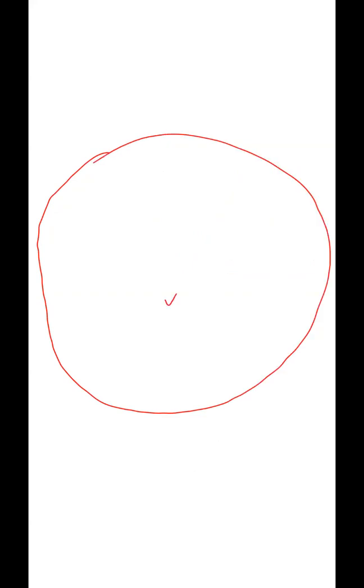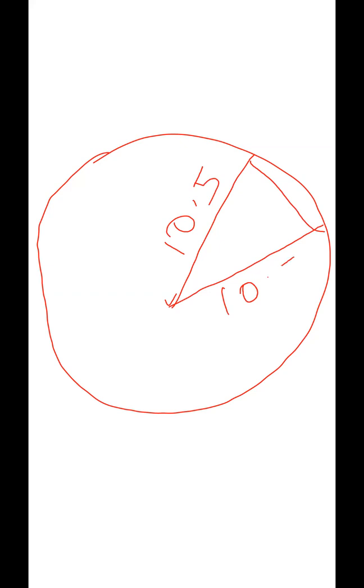So I'll just zoom it. This is how you will get one triangle like this. Now you know that this distance is 10.5 and this distance is also 10.5, correct? You already know two sides of the triangle, 10.5 and 10.5.